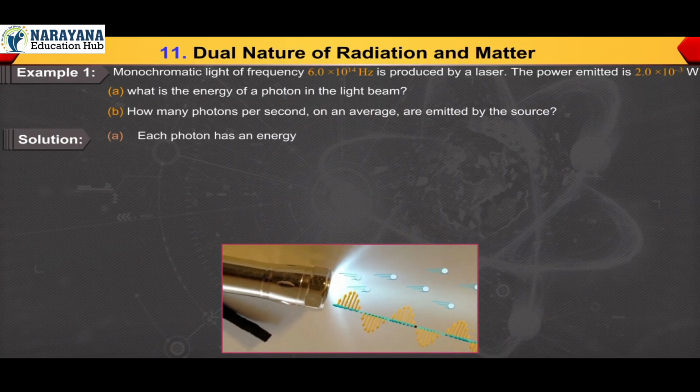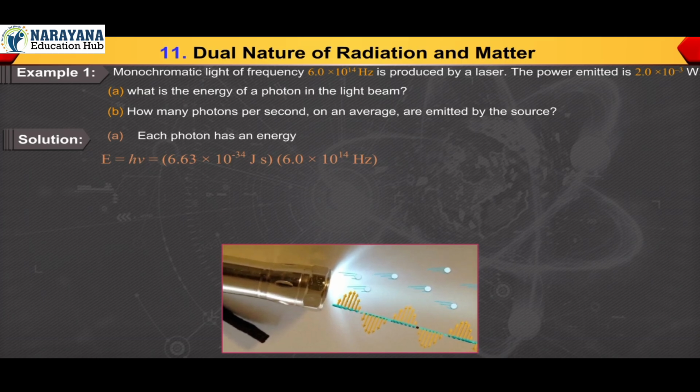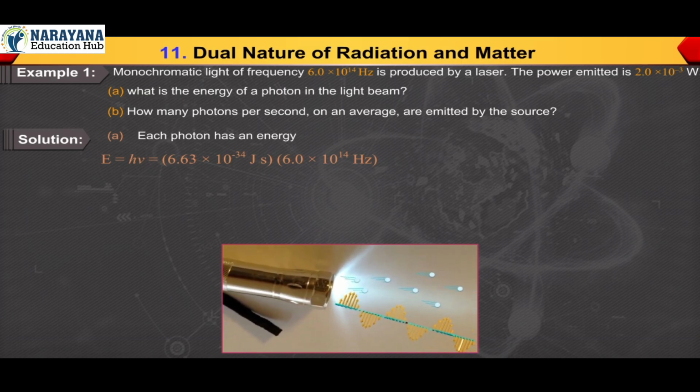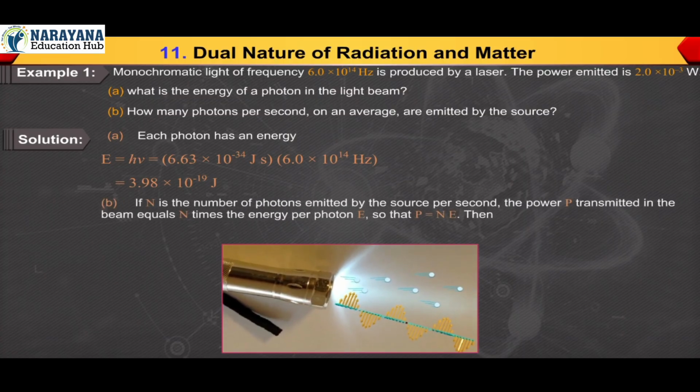Solution. A. Each photon has an energy E equals h nu equals 6.63 × 10^-34 joule second × 6.0 × 10^14 Hz equals 3.98 × 10^-19 joule.